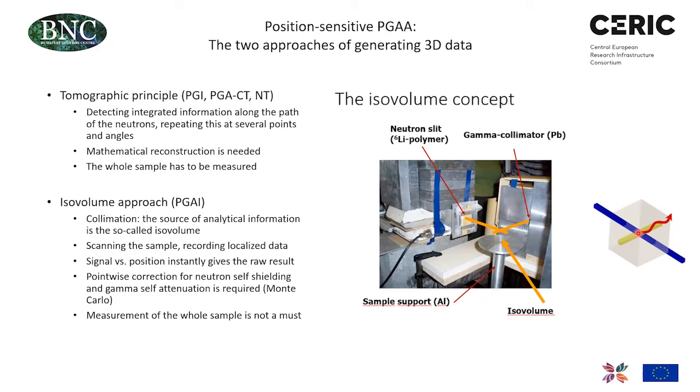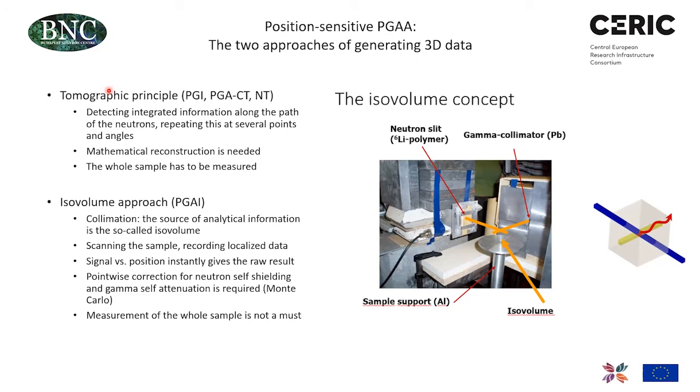But still, this is not a very efficient method because you get rid of most of the neutrons and most of the gamma rays. So the spatial resolution comes with the price of lower measurement productivity. And there is the other principle, which is called the tomographic principle, which we use for neutron tomography.